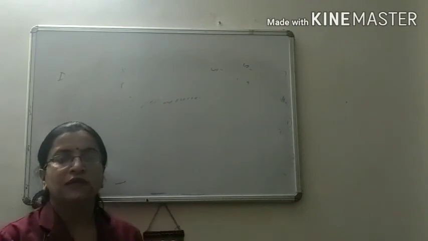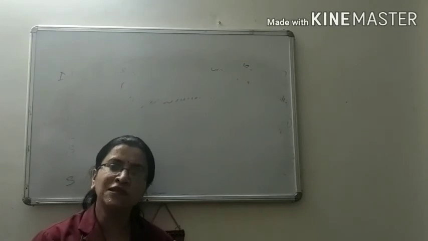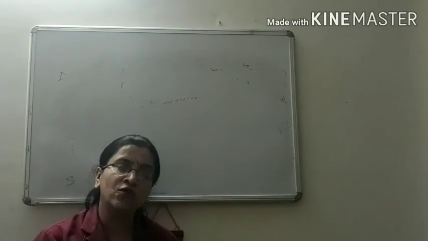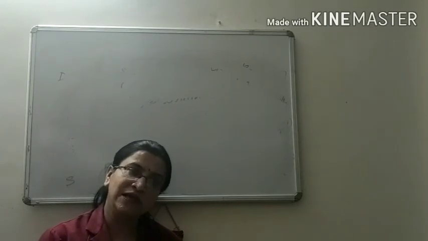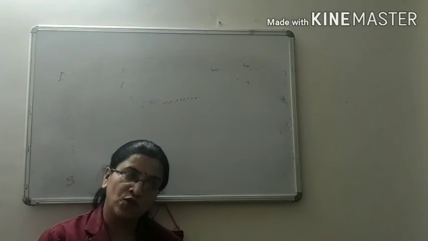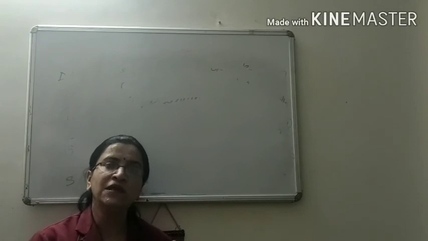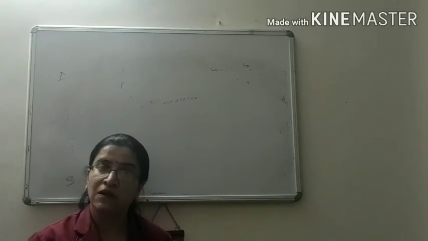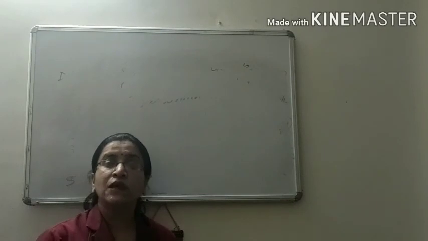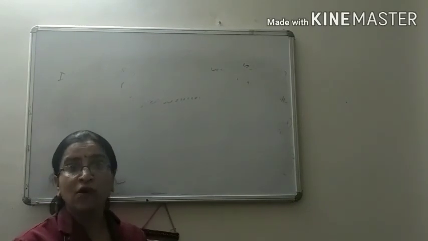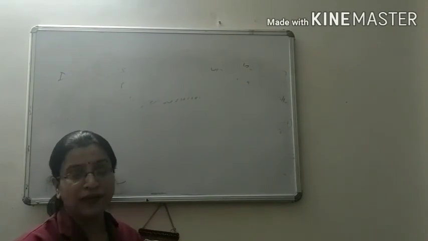I have noticed that in a dark room, if sun rays are coming into this dark room from a small hole, the particles present in the air are visible. This is called Tyndall effect. So what is Tyndall effect? The scattering of a beam of light passing through a colloidal solution is called Tyndall effect.